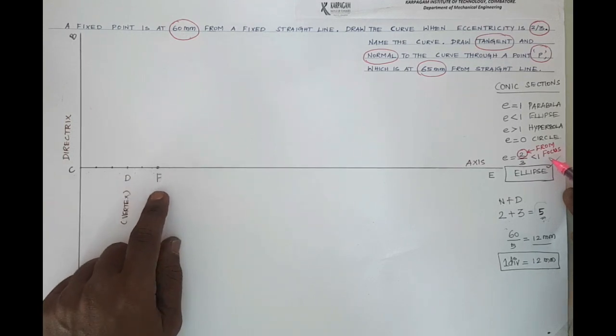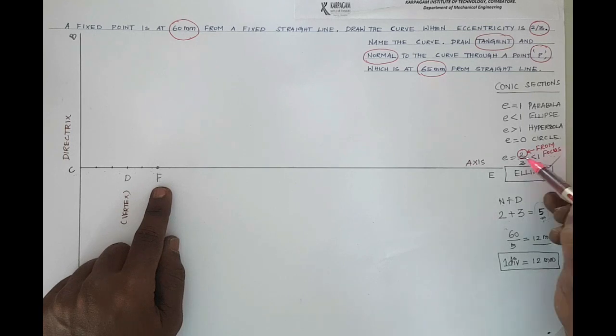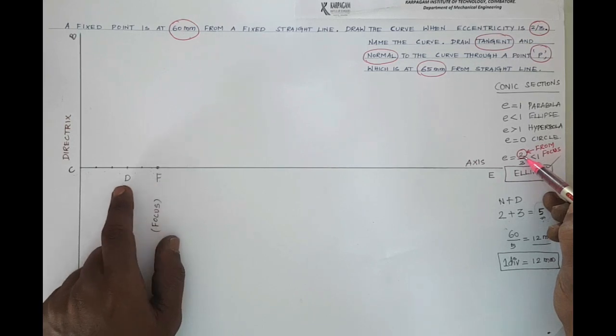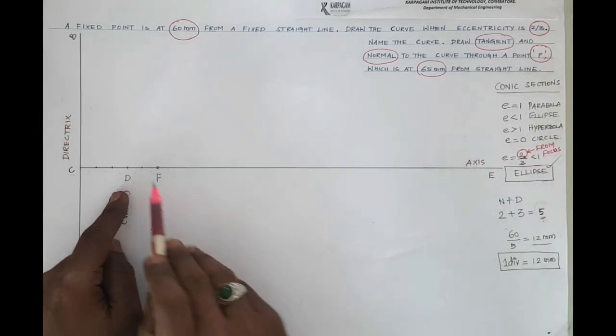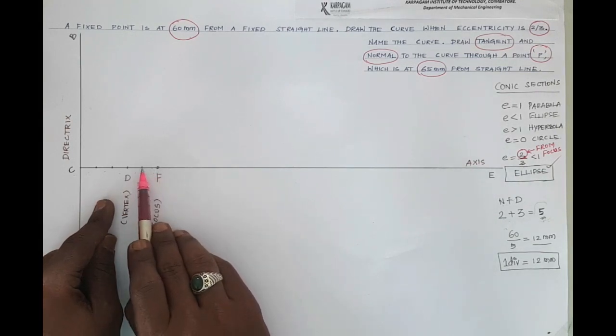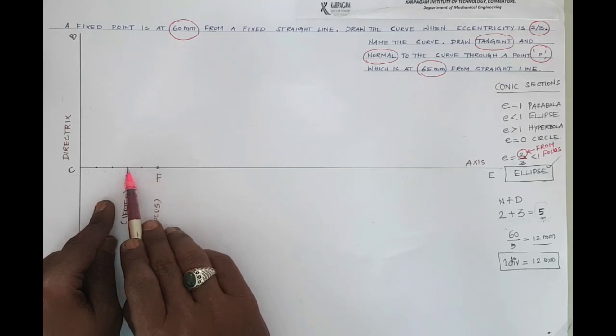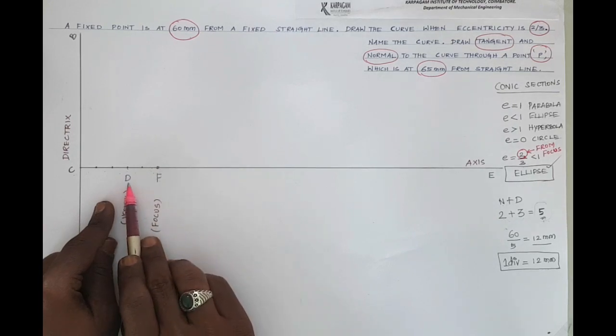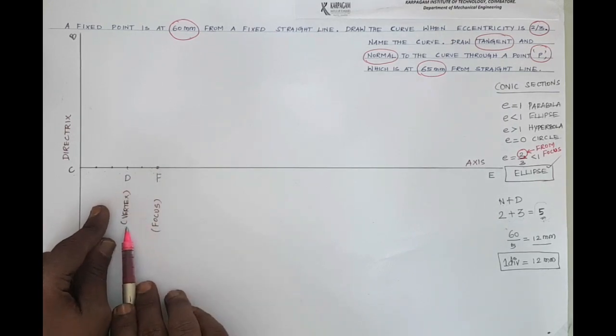I have already marked the focus point here. It is capital F, and at the end of the second division or part or segment, I want to mark my vertex. So from F, the focus point, this is the first segment, and this is the second segment end. At the end of this segment, I have marked capital D. This is called the vertex.